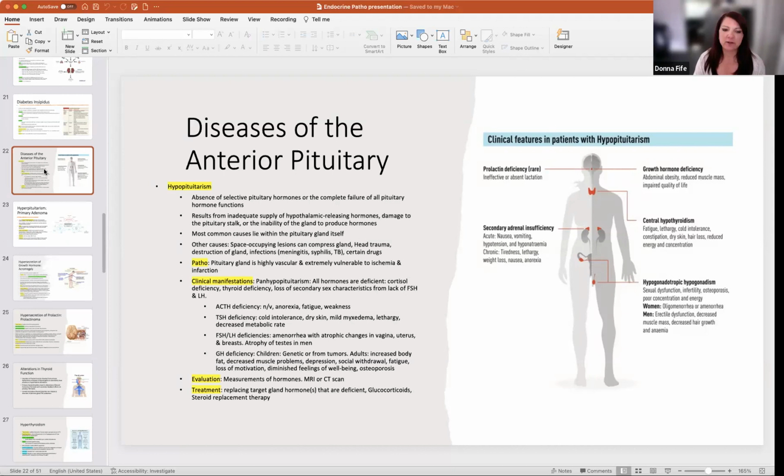Pathophysiology: the pituitary gland is highly vascularized and extremely vulnerable to ischemia and infarction. Clinical manifestations: there's panhypopituitarism. All hormones are deficient: cortisol deficiency, thyroid deficiency, and there's loss of secondary sex characteristics from lack of FSH and LH.